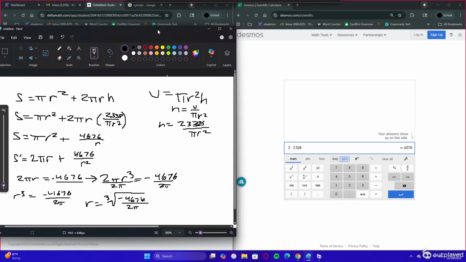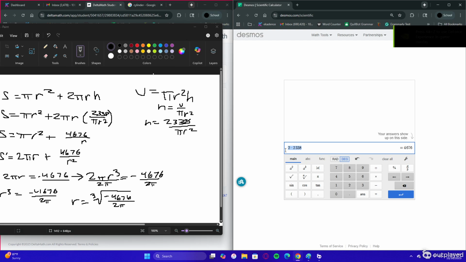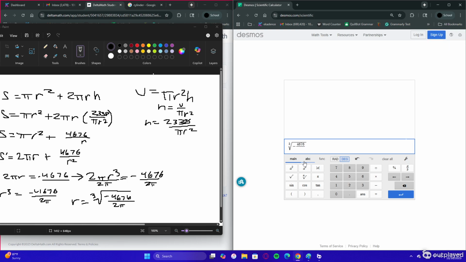So now we can write that in our calculator: cube root of negative 4676 over 2 pi.